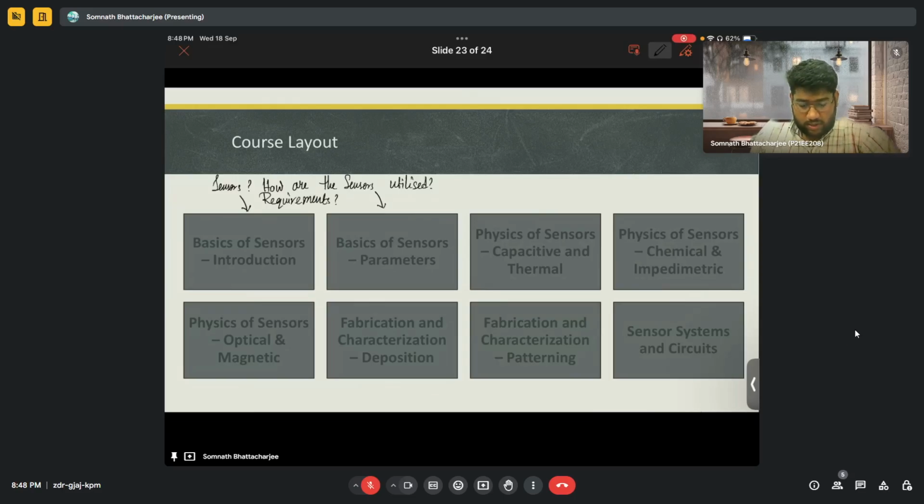Then in the next portion we learned about the physics of sensors, like what a capacitive sensor is, or an inductive sensor, resistive sensors and all those things. So what kind of sensor do we need and how do these sensors work? Okay, working principle.